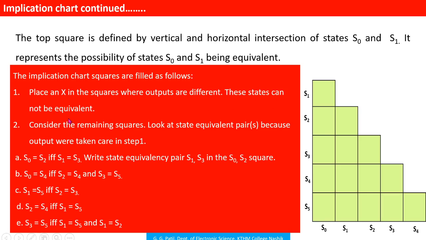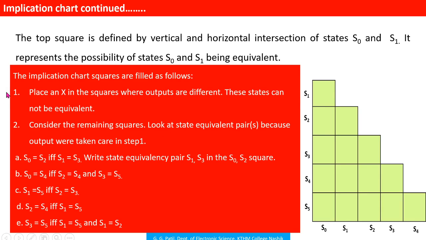These states cannot be equivalent. So the very first thing is to take care of the outputs given in the state table, and from that we have to place an X mark or cross mark in the state spaces where the outputs are not the same. It means the state spaces where X is placed cannot be equivalent.